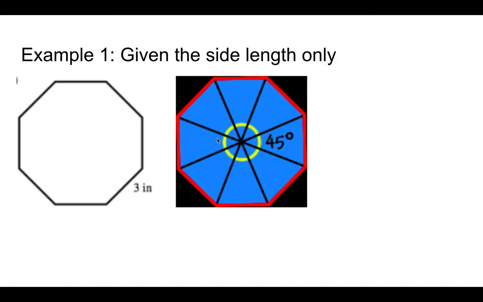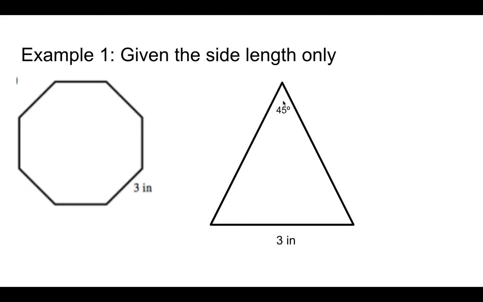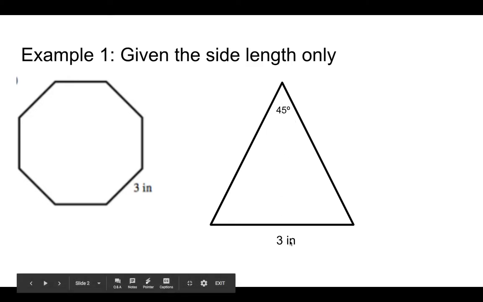We have 8 triangles in an octagon, so we're just going to do 360 divided by 8, and that gives us these 8 angles of 45 degrees. So this triangle right here is going to be a 45 degree triangle at the top, that 45 degree angle with that side.